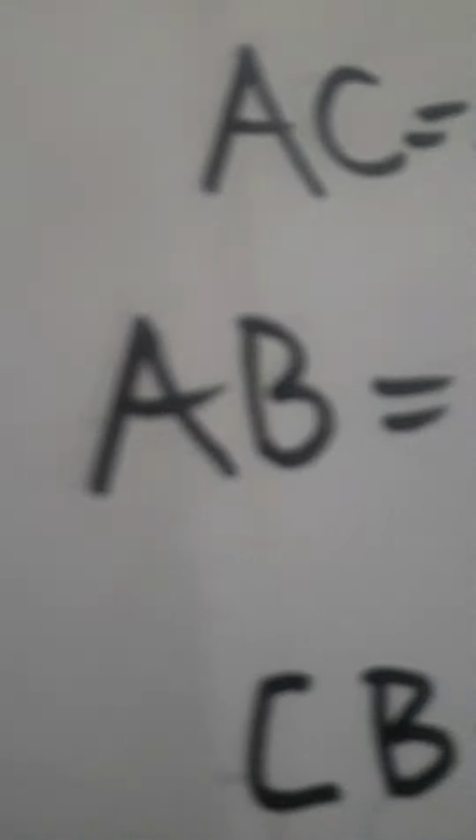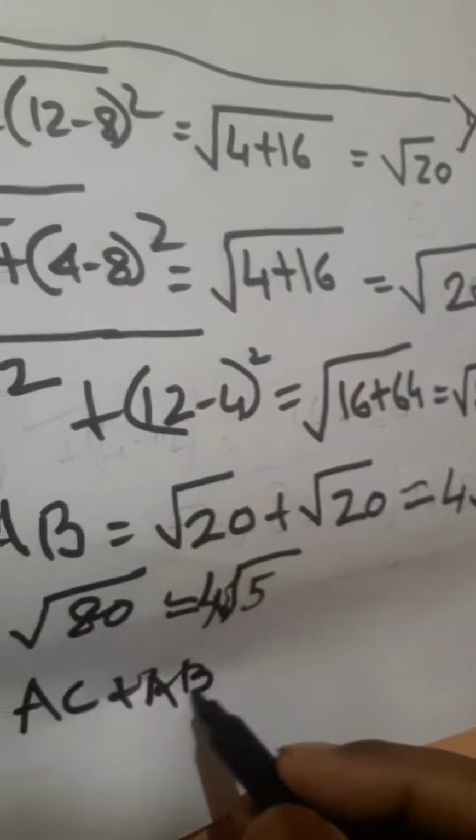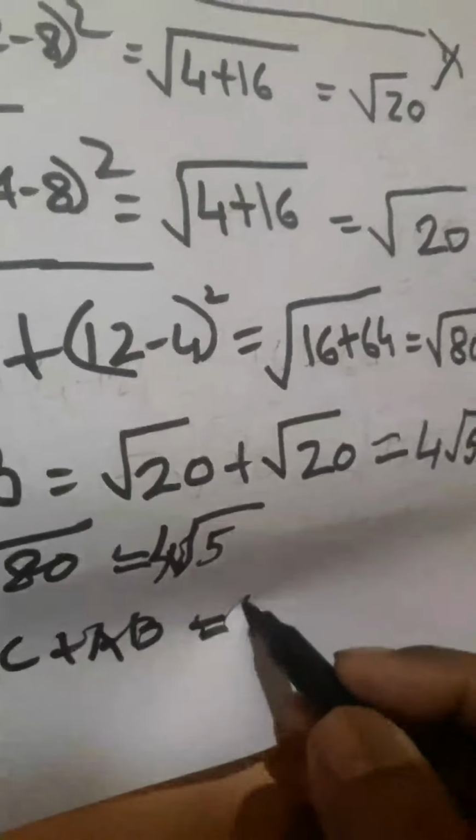So root 80 is 4 root 5. You can see that AC plus AB has become equal to BC.